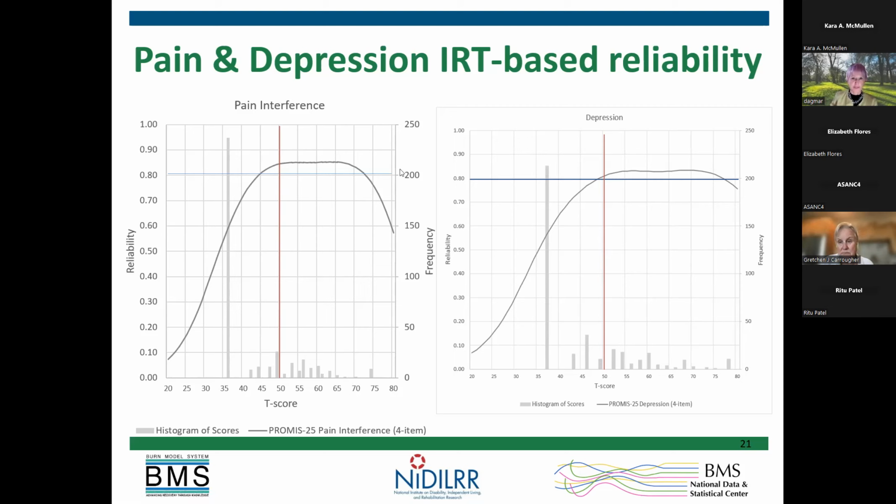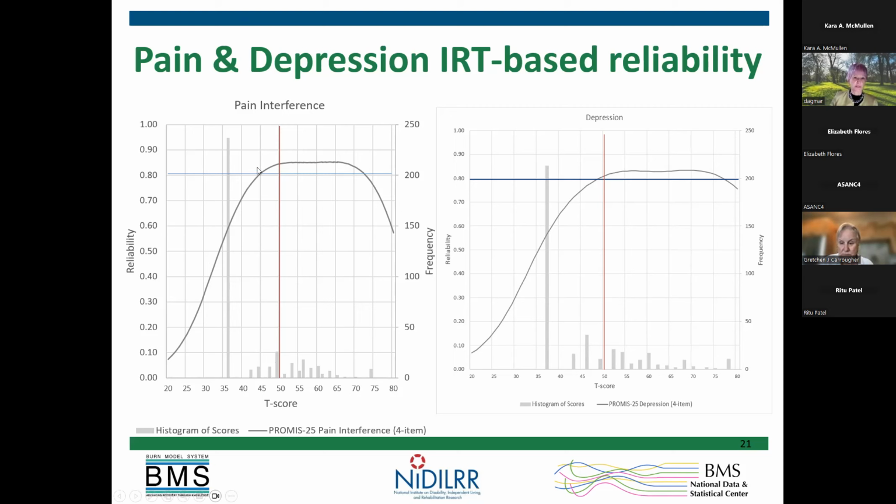So this is what we expect, because in the general population, most people do not report moderate to significant levels of pain interference or depression. And then we have this distribution down here of people who report at least some pain interference or depression.